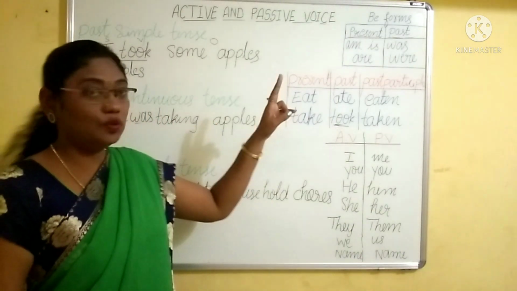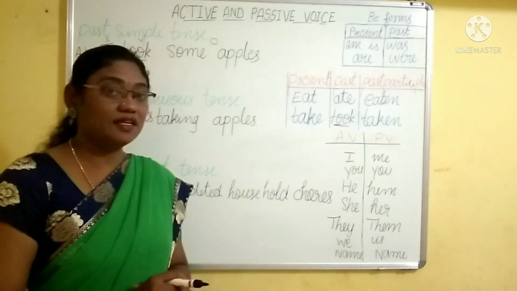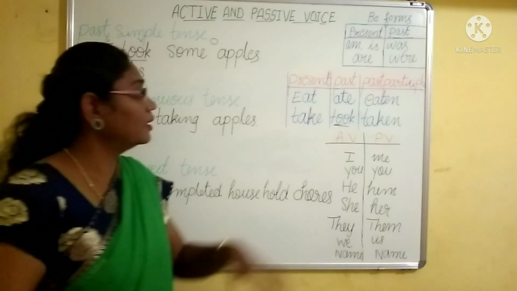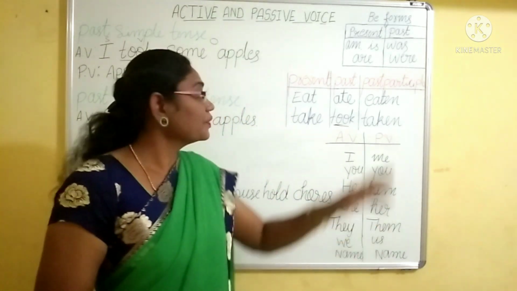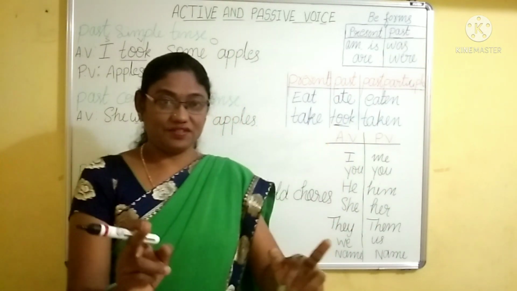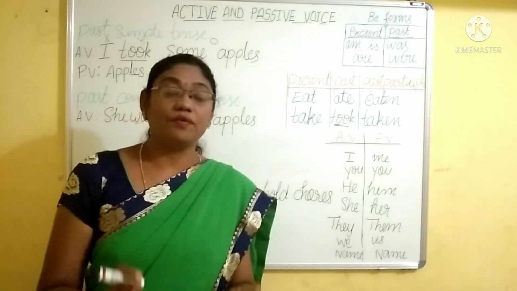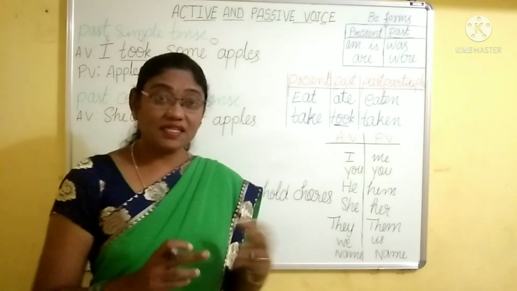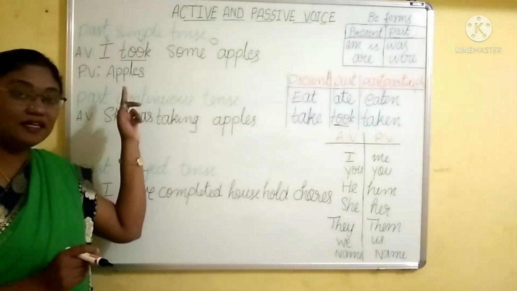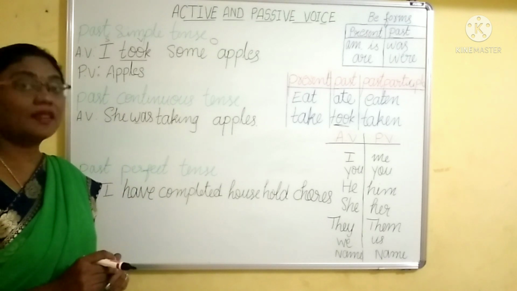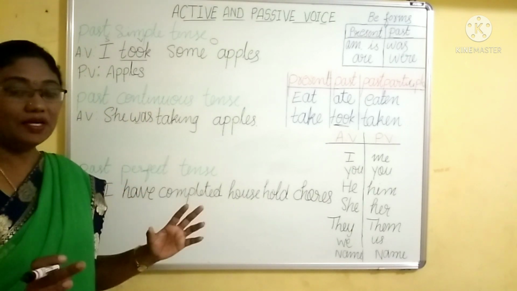Okay. There are two helping verbs in past tense. So which should be written here? Yes. If the subject is singular, you have to write was. If the subject is plural, you have to write were. Let's see. Apples. Is this a singular or plural subject? Yes, obviously the subject is plural.